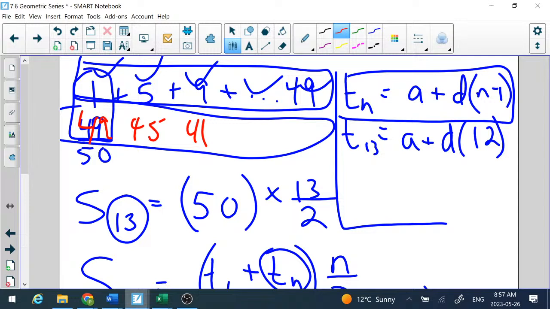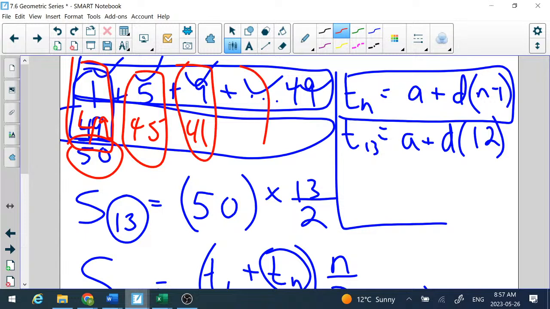If I add all the numbers in the list, I get the answer I want. If I add all the numbers in the list and then add all the numbers in the list again, that's the list twice. Agreed? So that I can use the shortcut. Because I don't want to go 1 plus 5 plus 9 plus 13 plus 17. The shortcut is when I take the first and the last term, I always get the same number as if I were to add the other pairs.